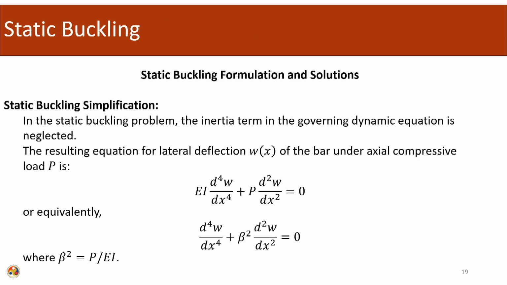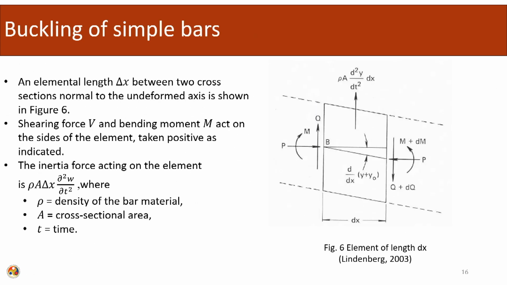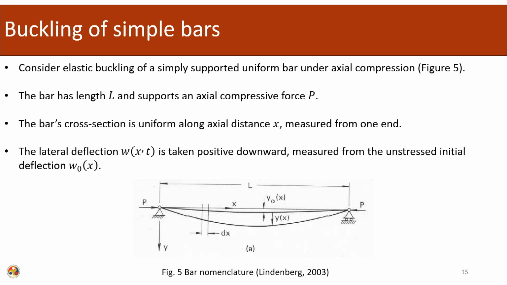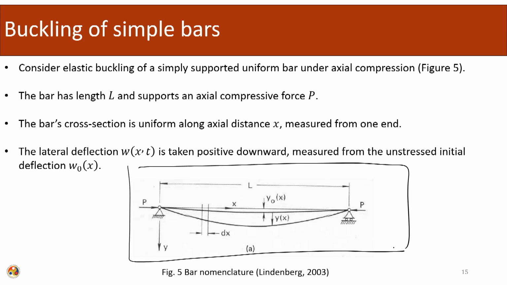So, if we go back to our approximation of the bar, remember we started with this bar, and axial loads are being applied. Then we were looking into the vertical deflection of the bar from the unsteady initial deflection point.